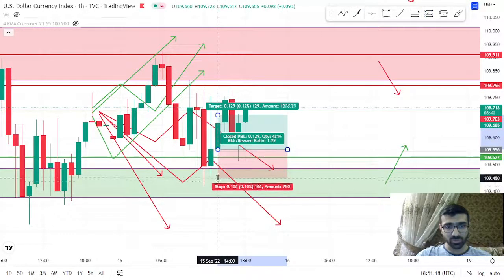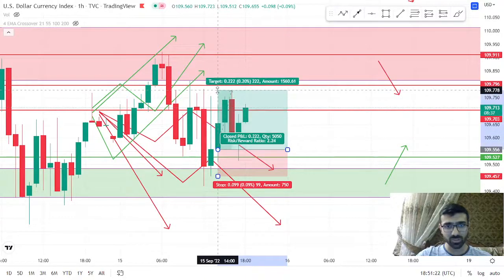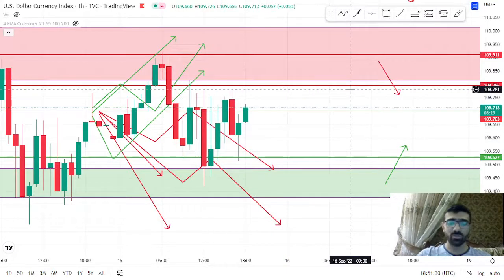If our stop loss was just below this candle, our take profit would be just over here, so this was an easy 2.2% profit. In the four given scenarios, only one stop loss was hit, our risk to reward is amazing, and we have made a good profit in all these trades.